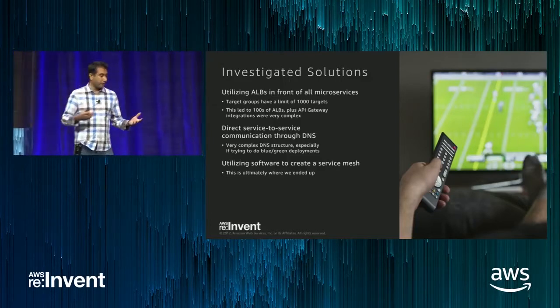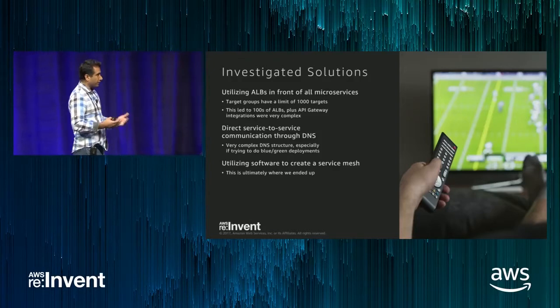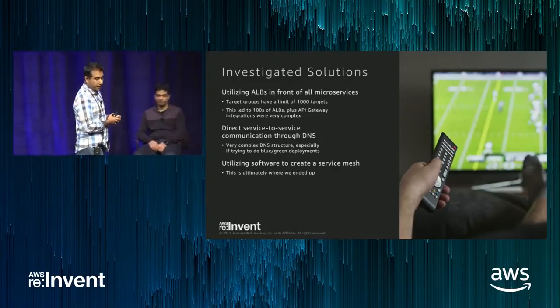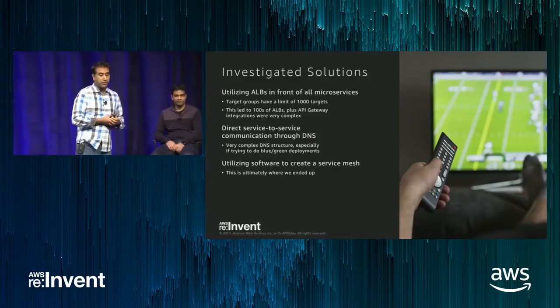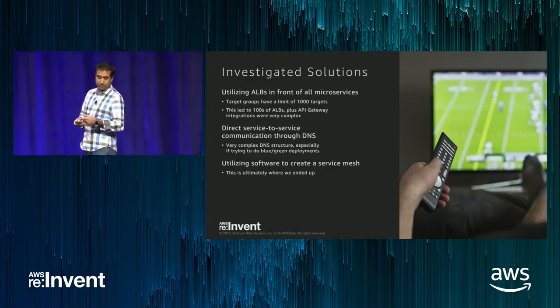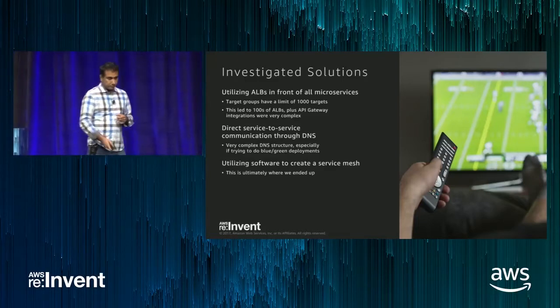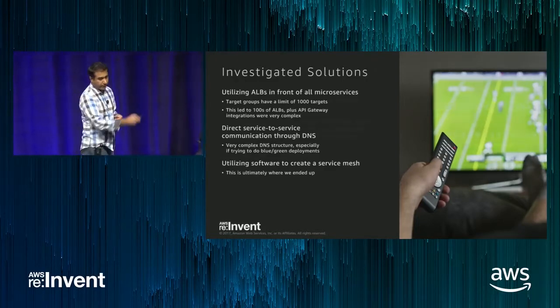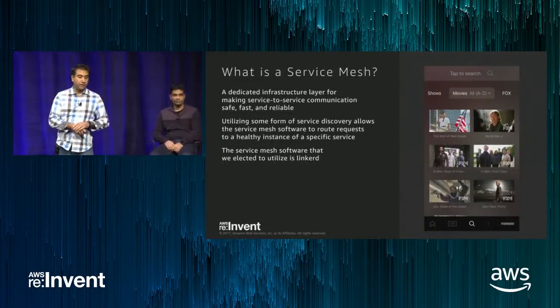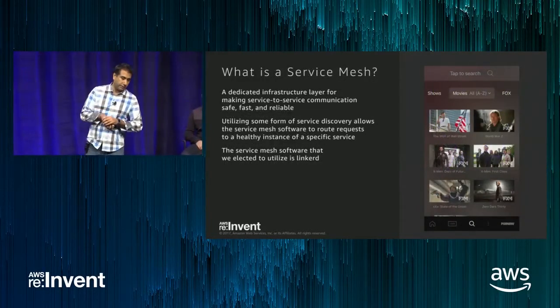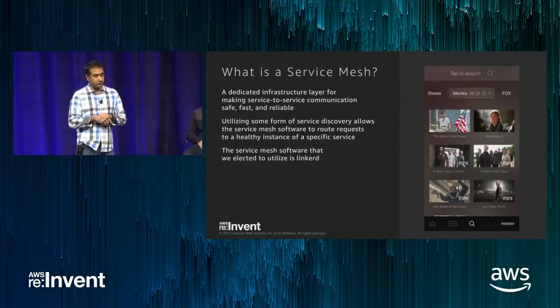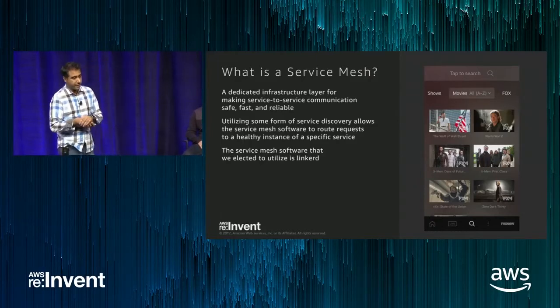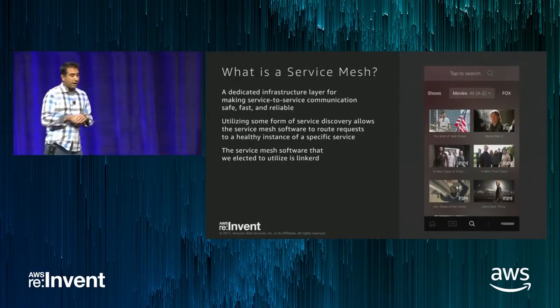So another way was to say, well, let's take something in between here and utilize software to create a service mesh. And this is actually what we ended up doing. So what is a service mesh? It's a dedicated infrastructure layer for making service-to-service communication safe, fast, and reliable.